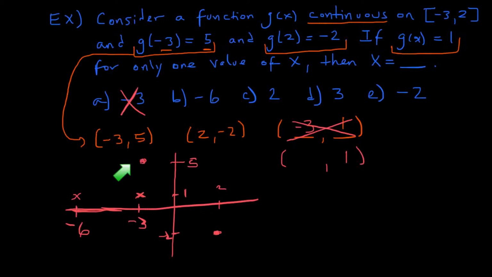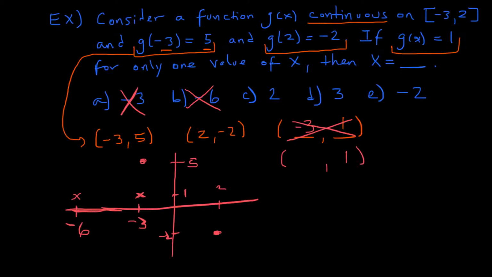So if I go outside of the original domain, -3, 2, look back at the question. It says that g is continuous only on -3, 2. So I have no idea if the graph is continuous outside of -3, 2. That tells me right away that -6 is not a good solution, because -6 is not even in the domain of -3, 2. So I cannot guarantee anything outside -3, 2. And that's what makes part B incorrect.